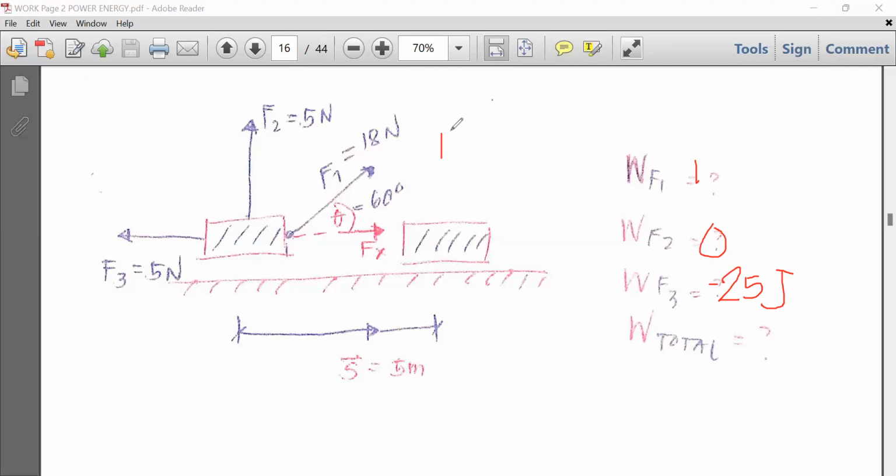And then S is 5 meters, so multiply this by 5, and then multiply this by the cosine of 60. So what is cosine of 60? Remember that cosine of 60 is 1/2.